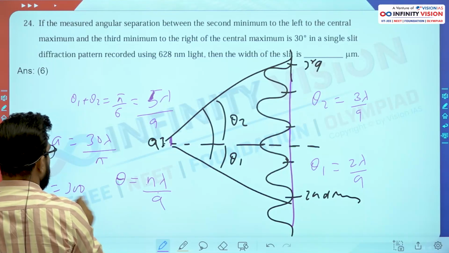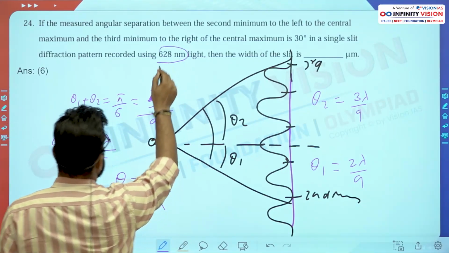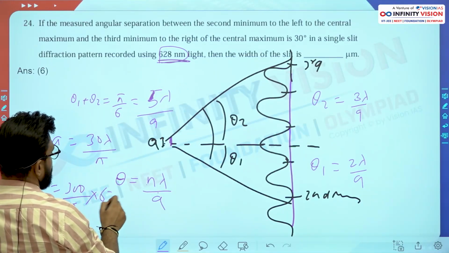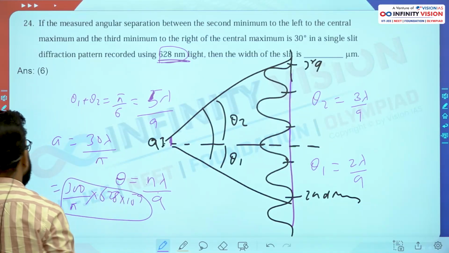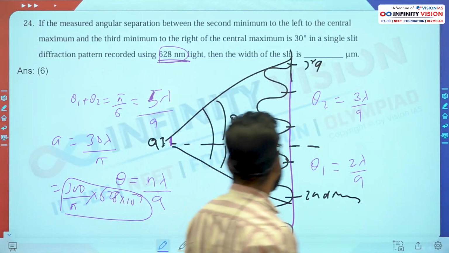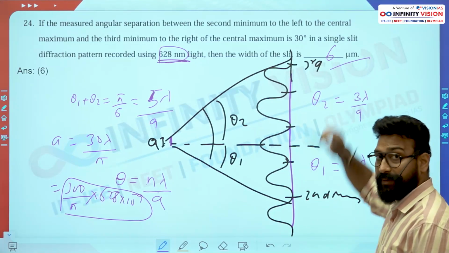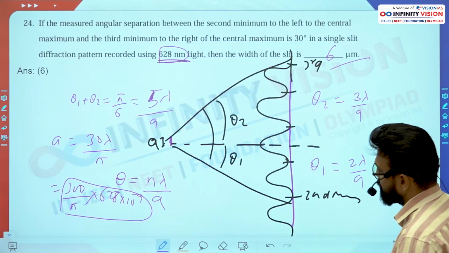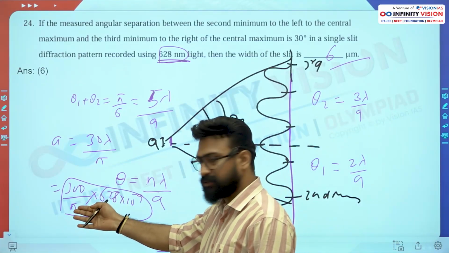So 30 by pi, and you have already been given the wavelength as 628 nano, which is 10 to the power minus 9. You can easily solve it. You will get this as 6 micrometer. The answer is already given in micrometer, remember. You can put the value of pi as 22 by 7.